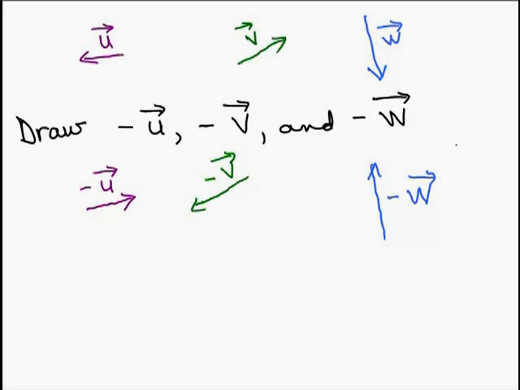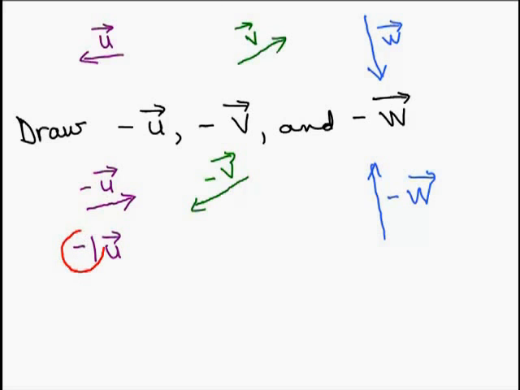Now you could think of this negative in front of the vector as the number -1. So this could be thought of as -1 u, that's the vector u. And the number in front of the vector is a scalar.